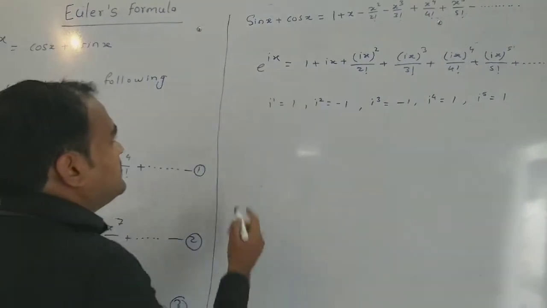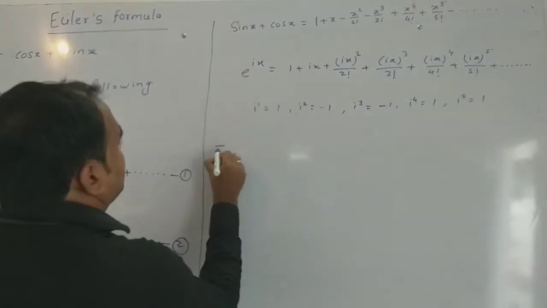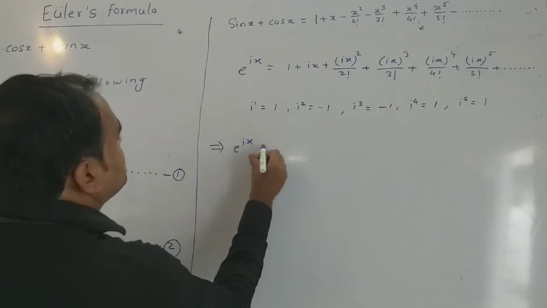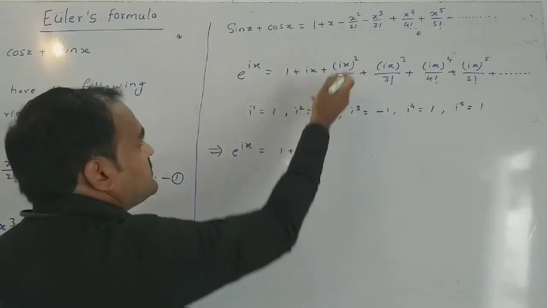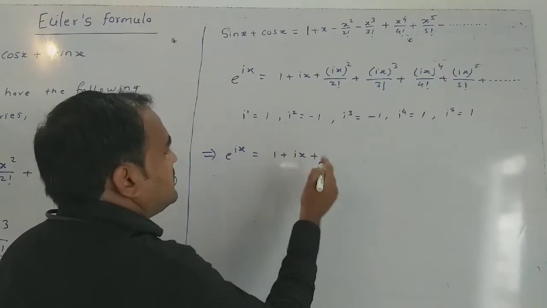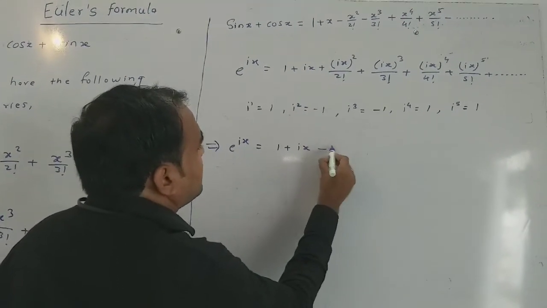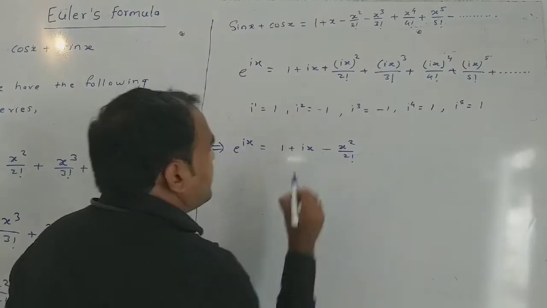Now e to the power ix is equal to 1 plus ix plus, since i square is minus 1, minus x square upon 2 factorial.